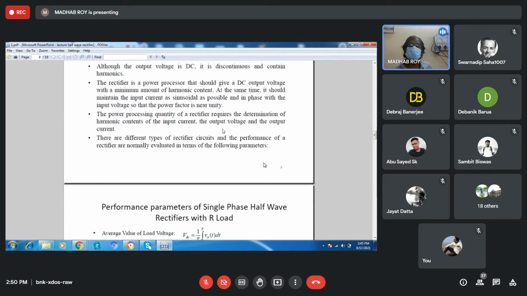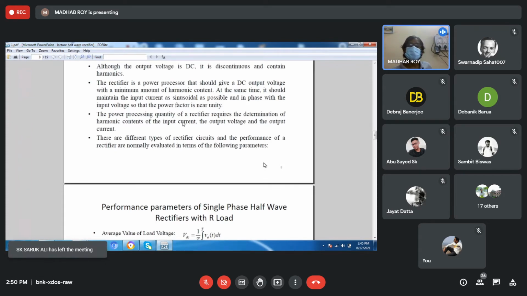Because power factor is only involved with the fundamental frequency, where harmonics are not considered, there will be more lag between the input voltage and the fundamental current, and this lagging angle should be taken as the power factor angle. Thus we can say that it will be a bad power factor in case of half wave rectification.